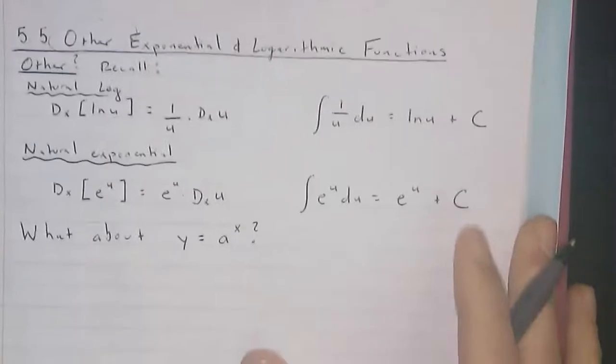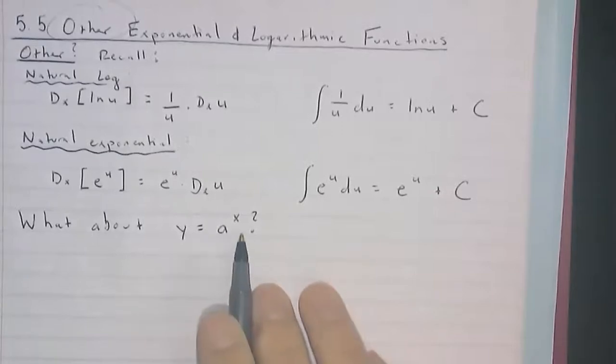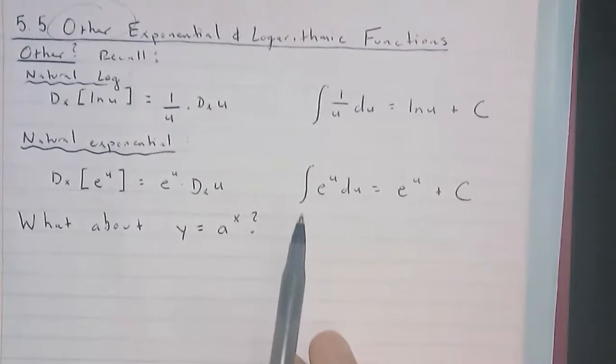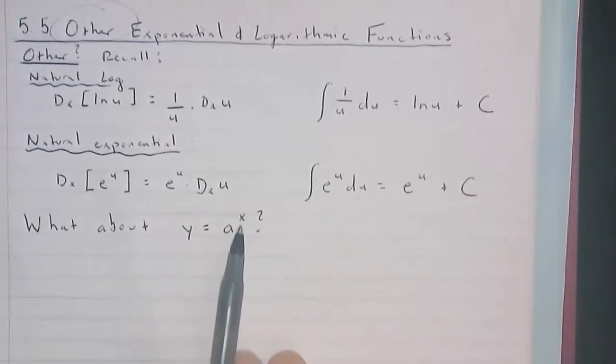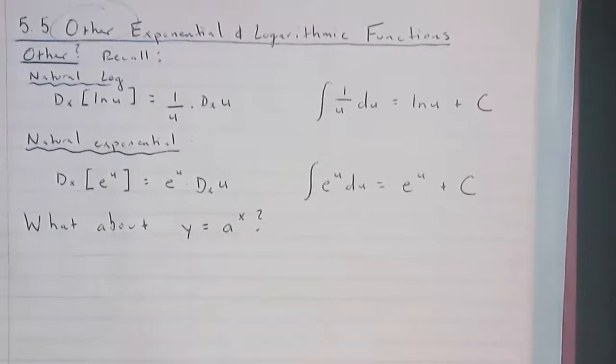Other exponential functions, other bases other than e. That's what we're going to focus our attention on, and probably also come back and look at logarithms of different bases. But for today, we're just going to look at the exponential of a different base.